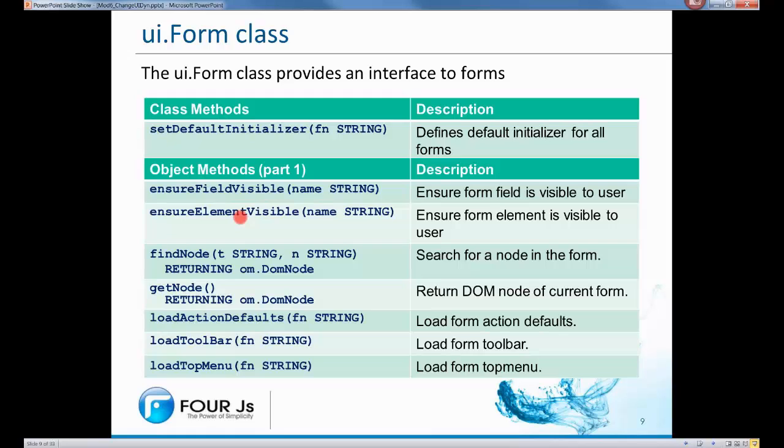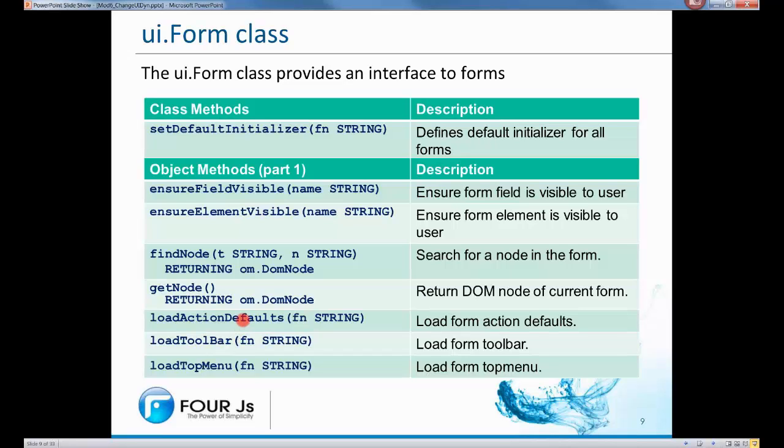And I wanted to differentiate them for you from the concept of showing and hiding, which we're going to get to on the next slide. I can find a node inside of my form, giving it its type and its name. I can get the DOM node of the current form. And here you can see I can load action defaults, toolbar, and top menu at the form level.